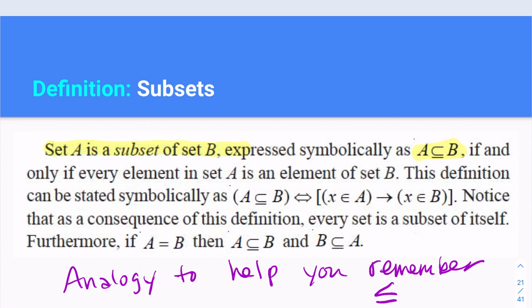It's not what we call ordinal, though, so it's not literally less than, like on the number line, but it is similar to the idea of being contained within something smaller. But it will help you remember that the equals is also part of it. So a set can be a subset of itself, and that's important. So if A equals B, then A is a subset of B, and B is a subset of A, because you can create each other from each other.